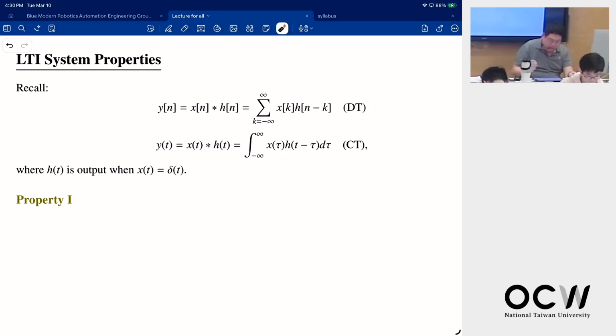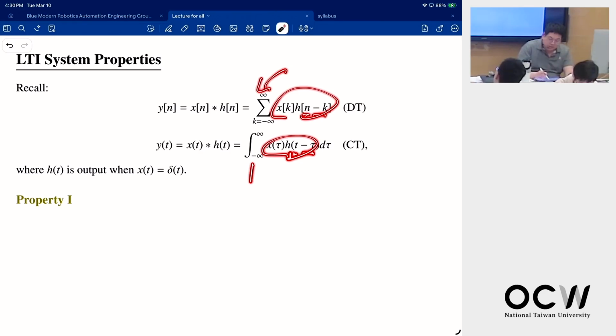All right, so now let's see the LTI system properties. For the LTI system, we can write the output as the convolution of your input and the system. This is for discrete time case, and this is for continuous time case. You flip, shift, multiplication, do the sum.